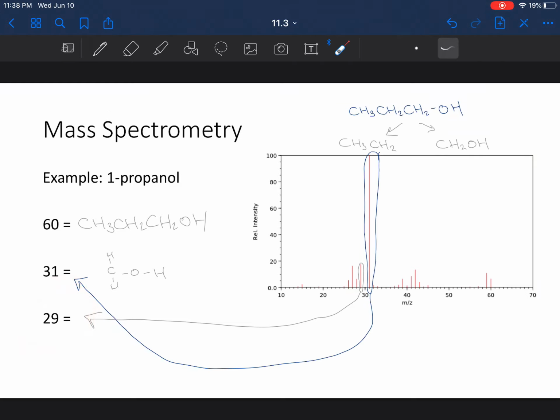This 29 right here is based on this. If you don't believe me, you can always add this all up and you'll know it is equal to 31. Add this all up and you'll know it equals 29.